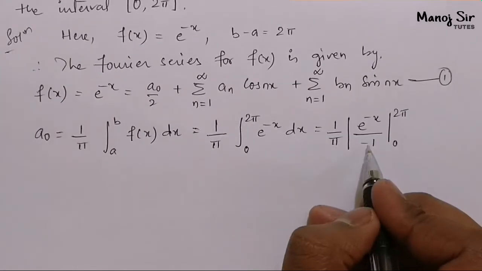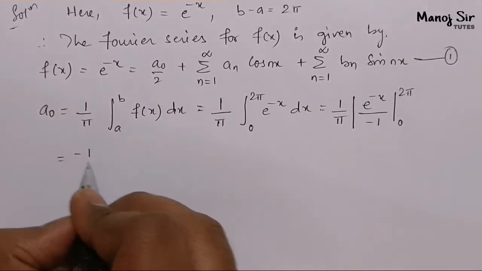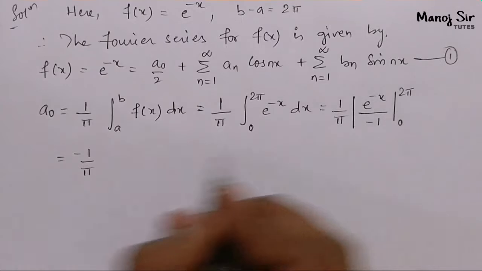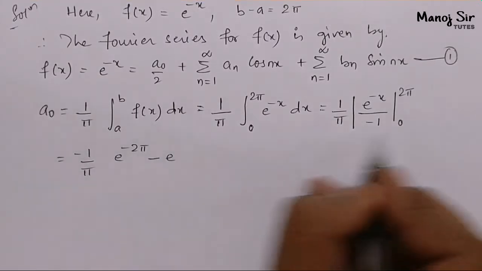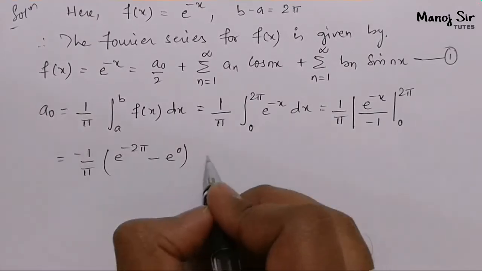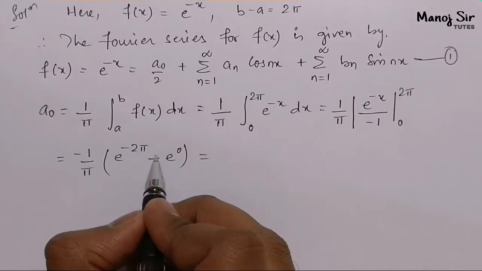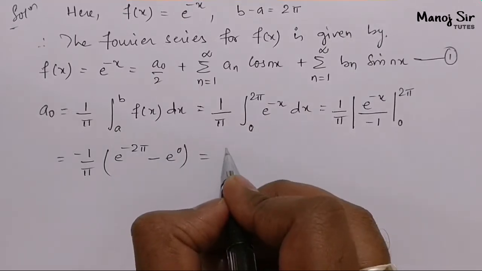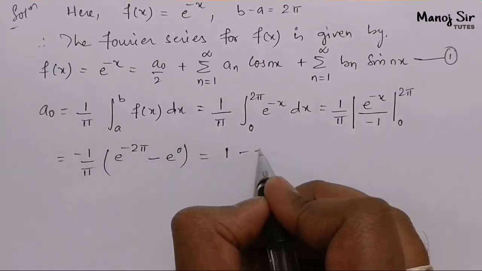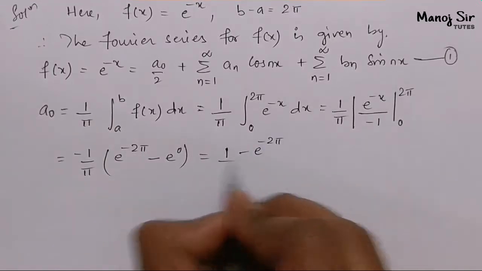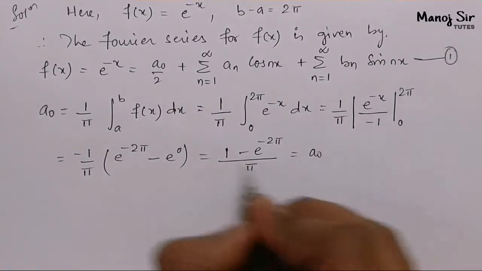Taking the minus 1 out of the bracket, you will have minus 1 upon pi, e to the power minus 2 pi minus e to the power 0. Since we have a negative, e to the power 0 is 1 minus e to the power minus 2 pi, upon pi. So this is the value of a naught.